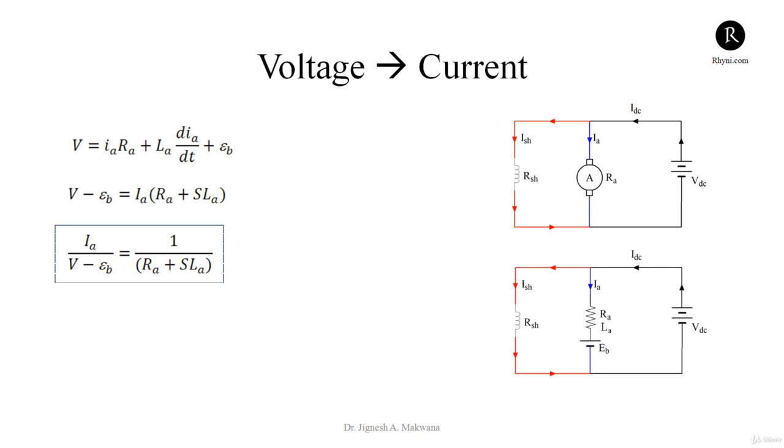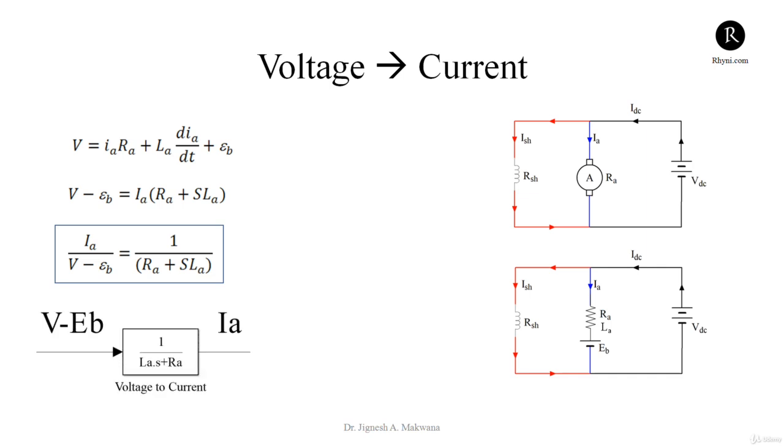It can be represented in the block diagram in this form. Input is voltage, that is V minus EB, and output is current IA, and the transfer function is 1 by LA into S plus RA, or say RA plus S into LA.